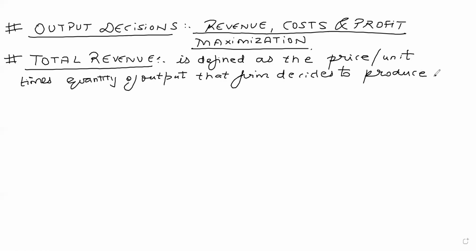So guys, if I write it mathematically, my total revenue is nothing but price into quantity, the quantity of output that the firm decides to produce.